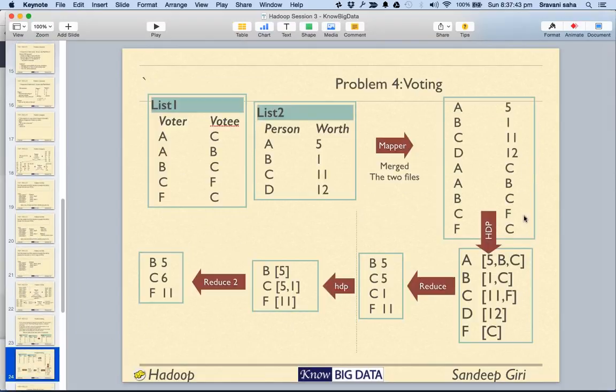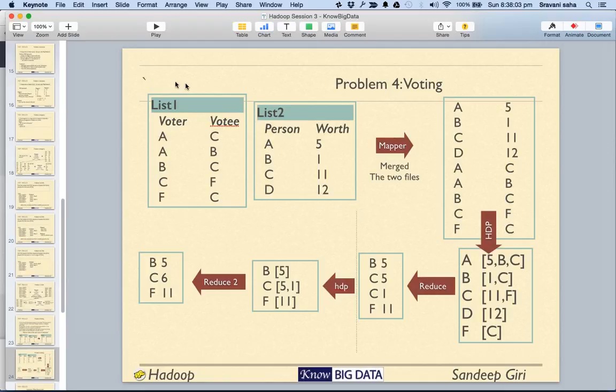So Abhishek's question is, in the unusual democracy, wouldn't reducer 1 only work if the entire list 2 was present on every block of list 1 on every node? Let me understand what you are trying to say.